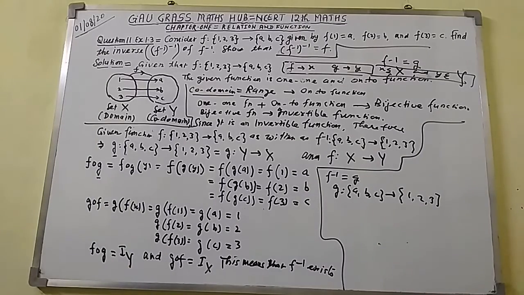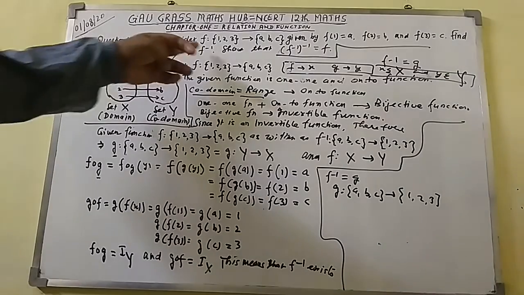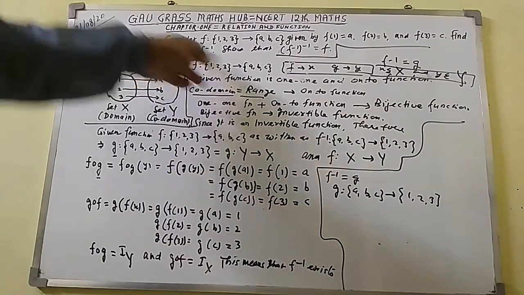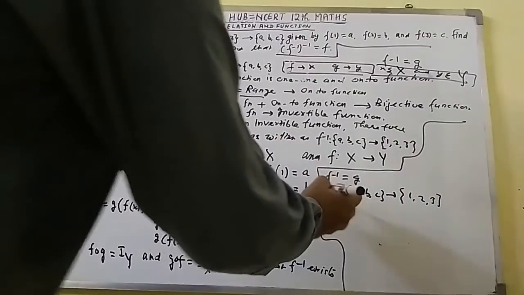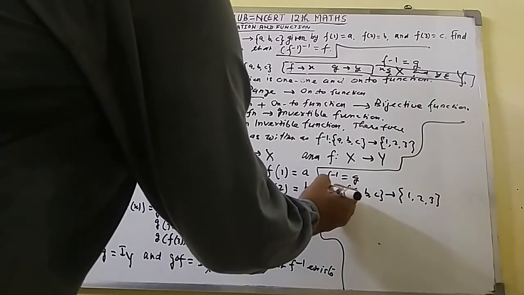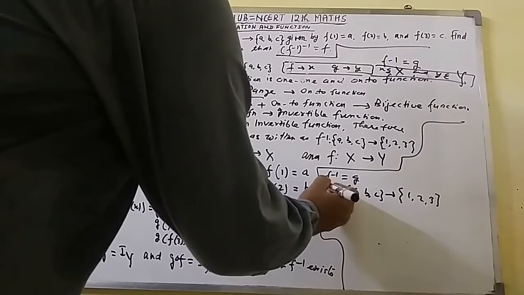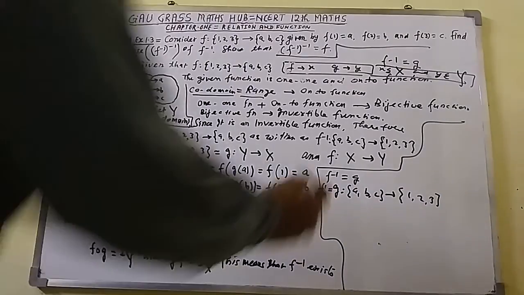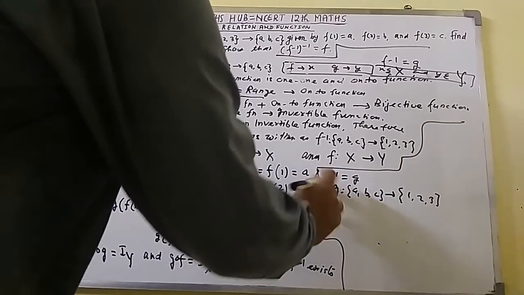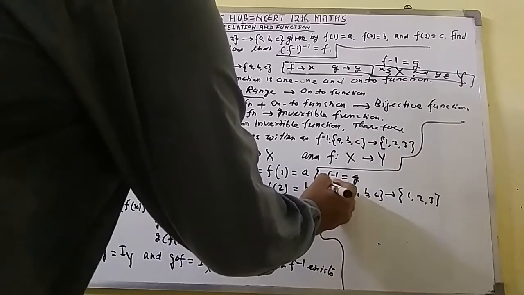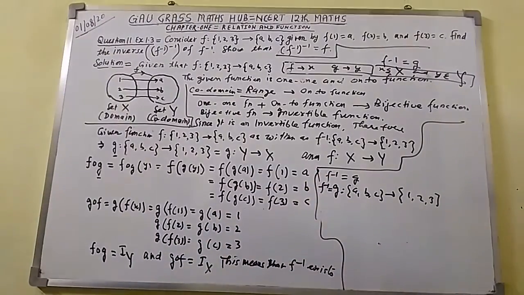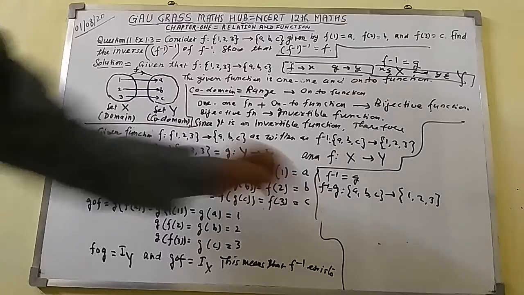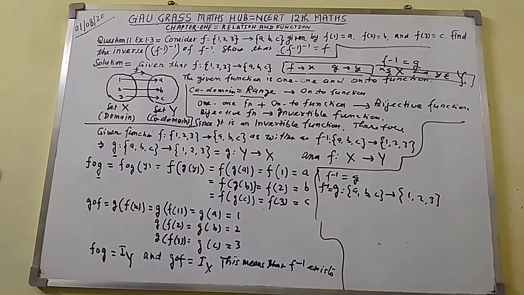What to do next? Now you have to find the inverse of F inverse. So I have got F inverse here, which equals G. Now the inverse of F inverse has to be found.